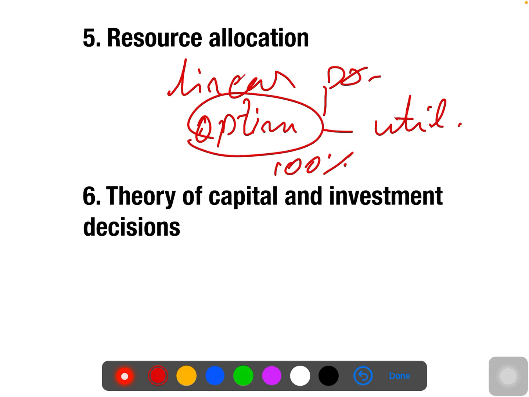The next topic is the theory of capital and investment decisions. Investment is really important. Any organization owner, a producer or entrepreneur, always wants maximum profits. When he wants maximum profit, he definitely thinks about investment.